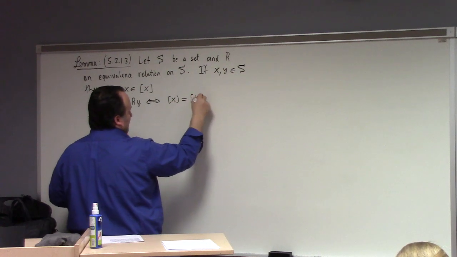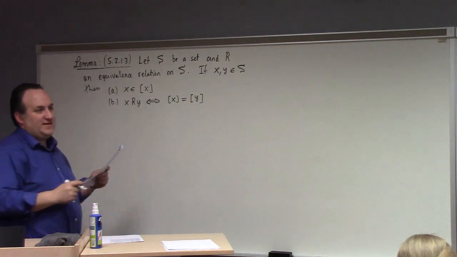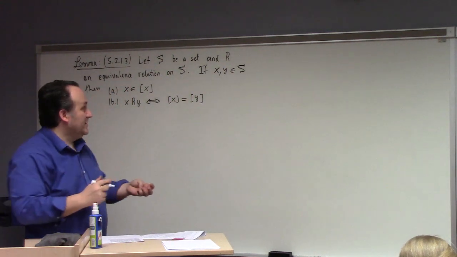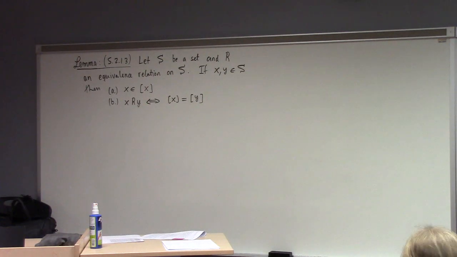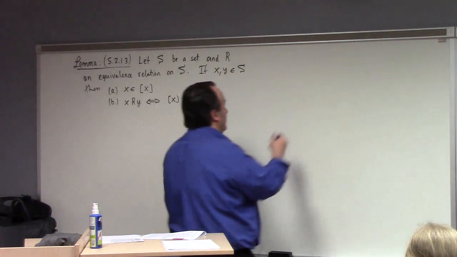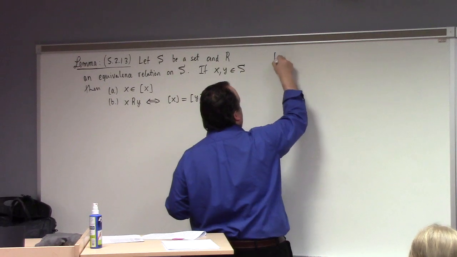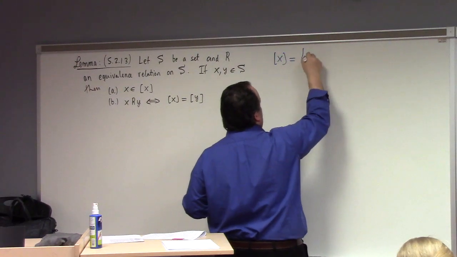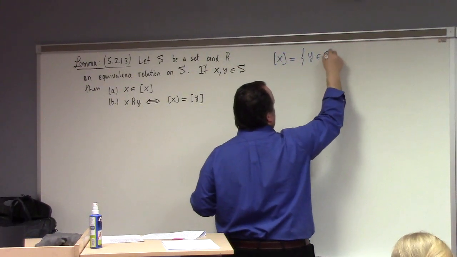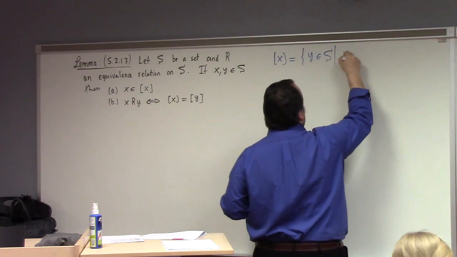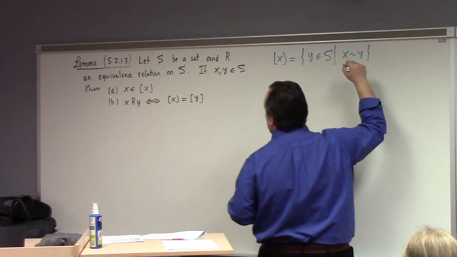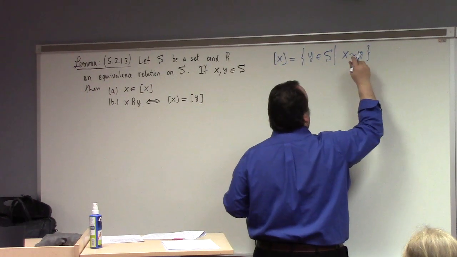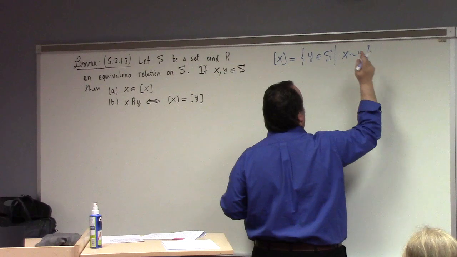So part B is X is related to Y if and only if the equivalence class containing X is equal to the equivalence class containing Y. I'll tell you what, instead of saying containing X, I'm going to say the equivalence class represented by X. Let me give us a careful definition of that, so at least I have some language which doesn't assume the point here. So X bracket is equal to the set of Y in S such that X is related to Y. My squiggles are showing.